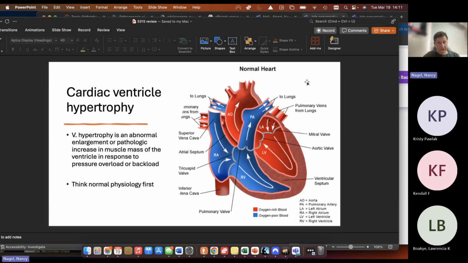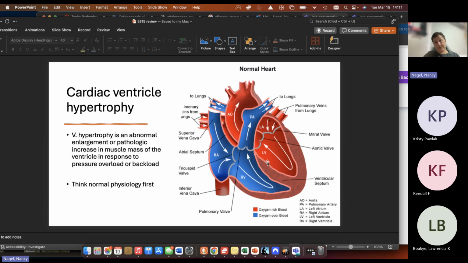From a pathophysiology standpoint, that puts this muscle at a lot more risk to get really dilated and stretched out if we have a heart failure type situation. Whereas this one's pretty strong, it's less likely to get dilated. It will in extreme situations, but I want you to think about the normal first.